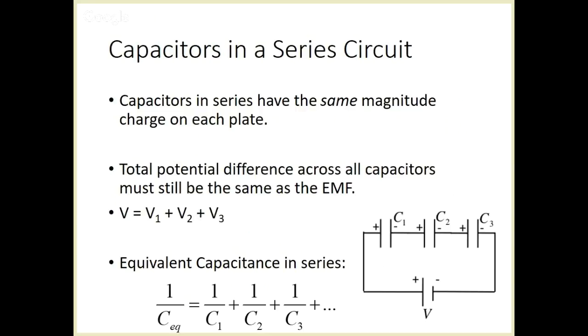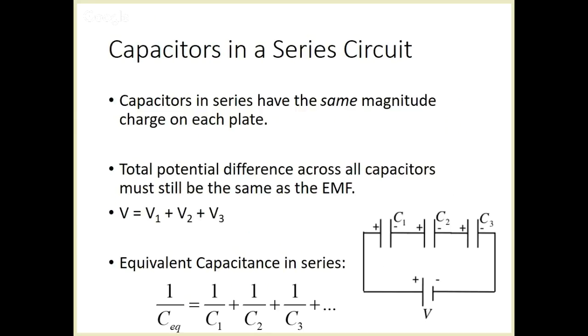Meanwhile, the voltage, they may have different capacitance values. So from Q equals CV, if I've got the same charge but different capacitance values, then I'm going to get different voltage values. So the voltage values are not necessarily the same, just like the voltage drops of resistors in series are not necessarily the same, but they will add up.